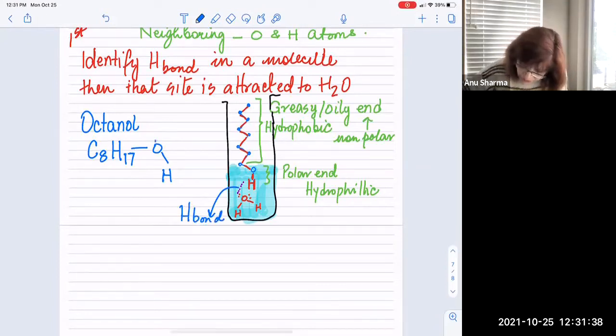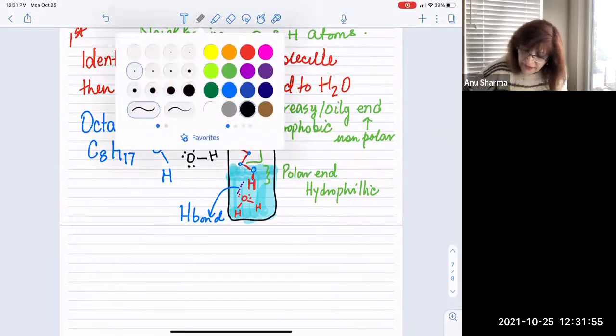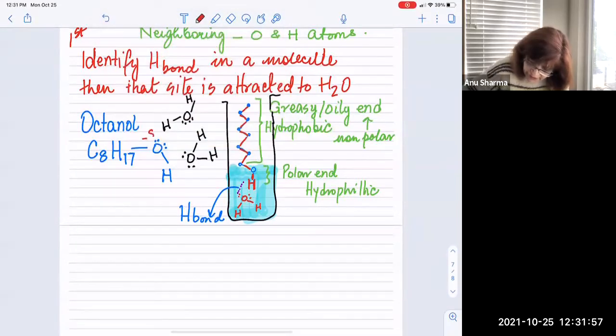So here we see octanol, and you will see the oxygen of water and hydrogen. Oxygens are negatively charged, in other words, delta negative.